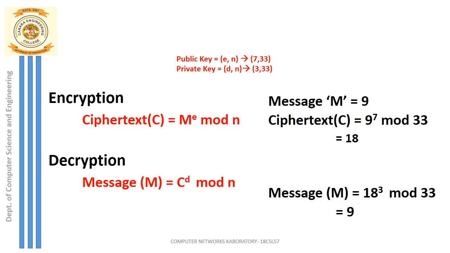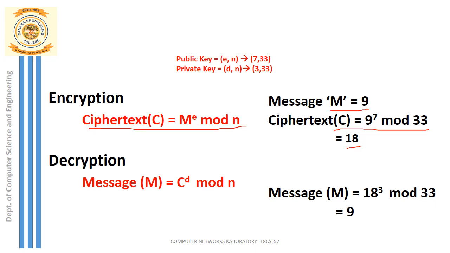We have a simple formula: ciphertext C is equal to M to the power E mod N, where E comma N is the public key, which is used by the sender for encryption. For example, if you consider message M equal to 9, ciphertext C is equal to 9 to the power 7 mod 33. The result is 18.